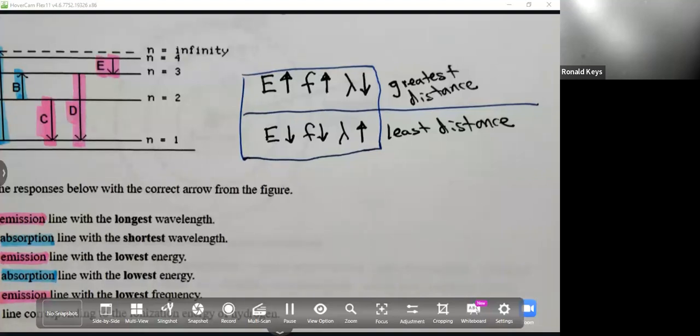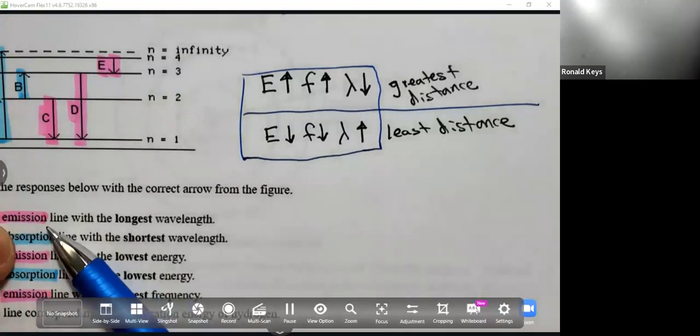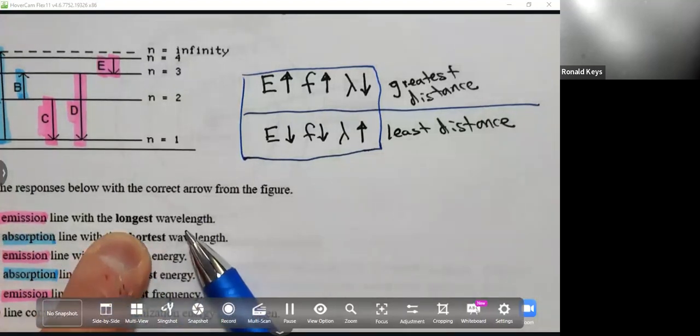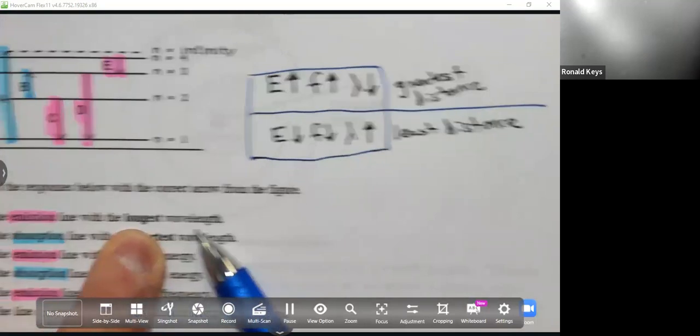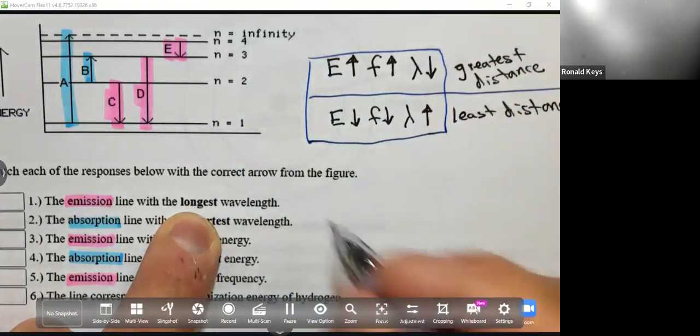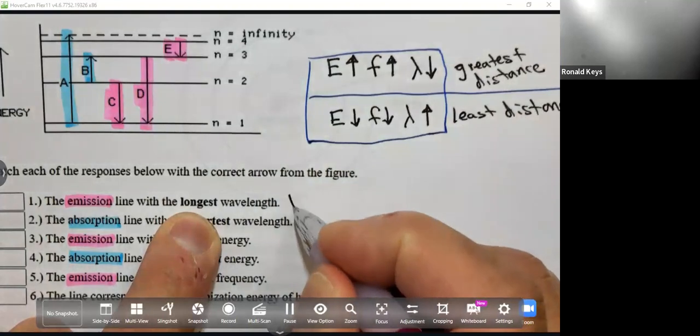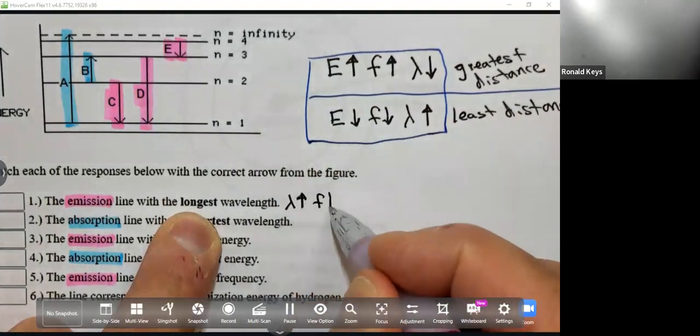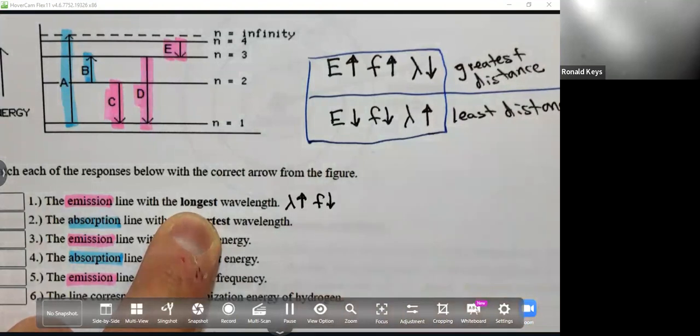So we've got an emission line coming down, longest wavelength. If it has a long wavelength, the frequency should be low, right?